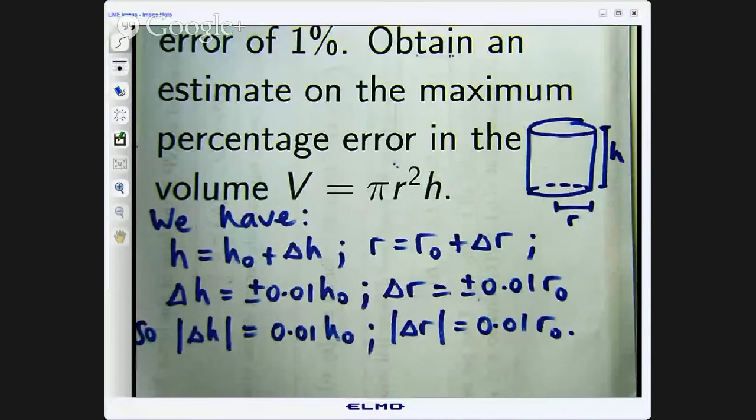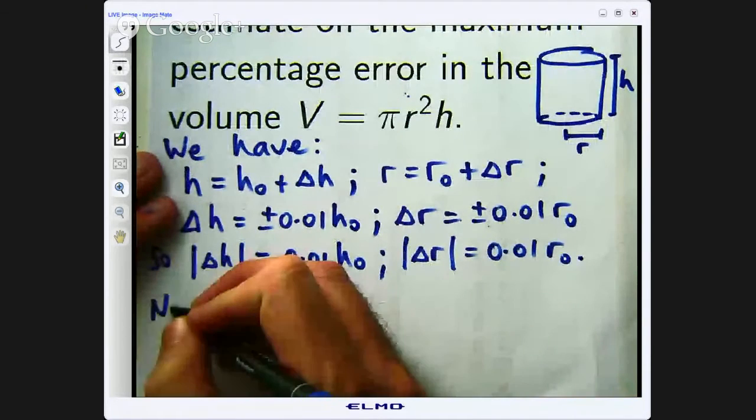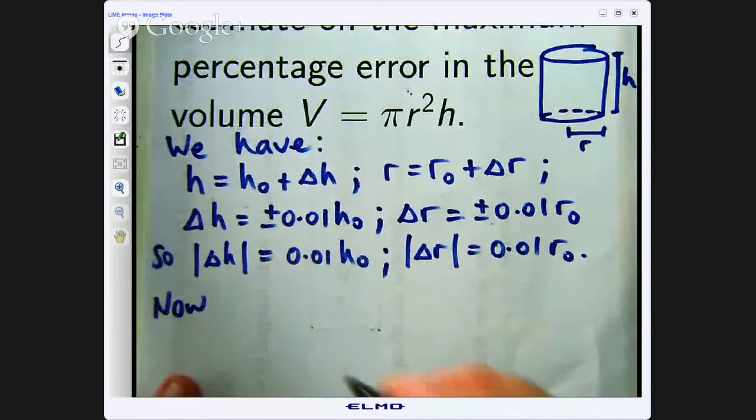What we're going to do now is use an inequality, and the inequality essentially is based on the idea of a tangent plane approximation. So let me share my screen with you and show you what that means. Okay, all right, here it is.